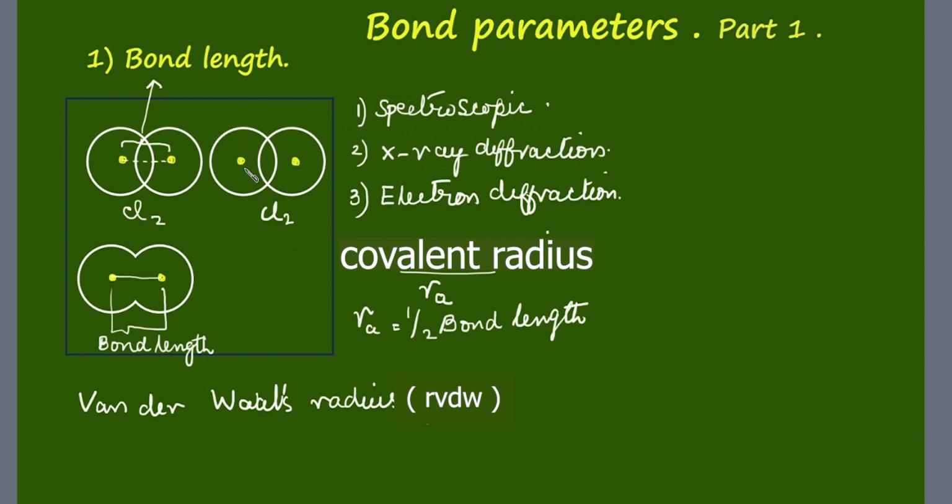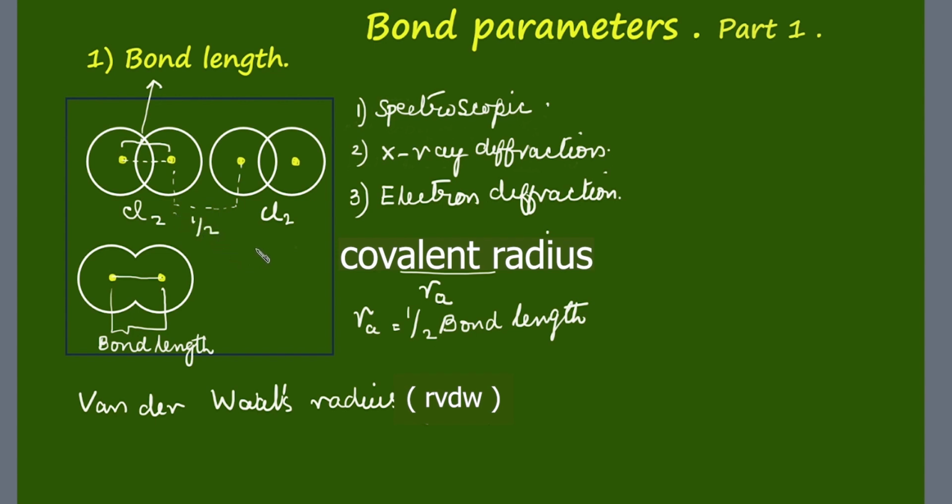These are not bonded. Chlorine exists in the gaseous state, so there will be a very small gap between the molecules. So the distance between the centers of the two nuclei belonging to these concerned atoms, one belonging to one molecule and the other belonging to the adjacent molecule, is considered, and half of that distance is the van der Waals radius.